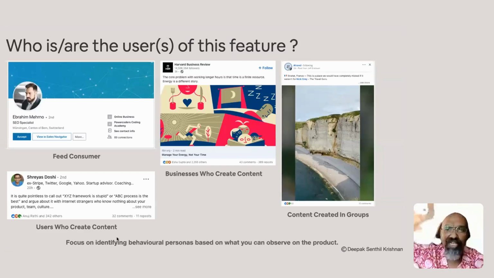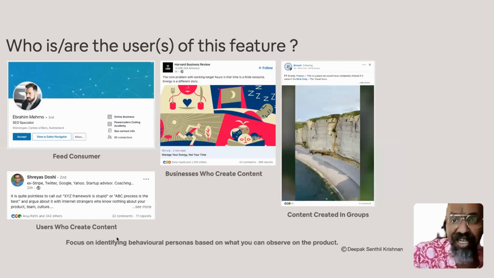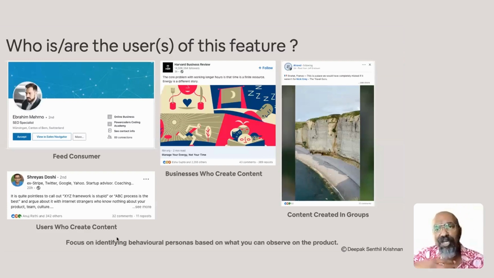I'm not going to sit and think about who LinkedIn is trying to go after, what is the larger vision, etc., because that becomes a very theoretical exercise. And like I said, you don't have the time to sit and speak to a very large population to build that conviction. So rather, I say, hey, let's look at the behaviors this product is asking me to emanate, and therefore reverse engineer who are the potential types of people on this news feed.